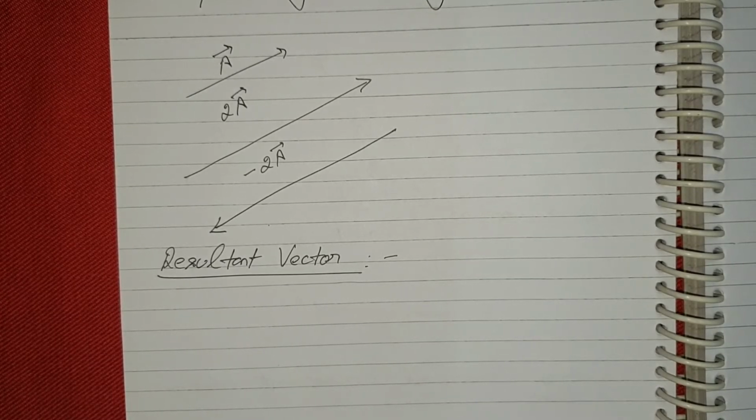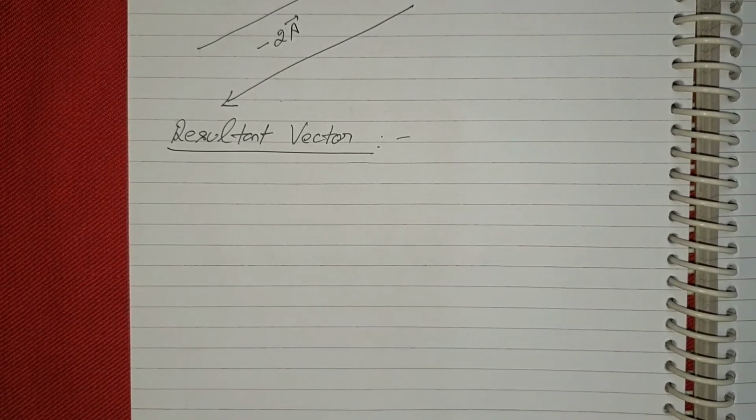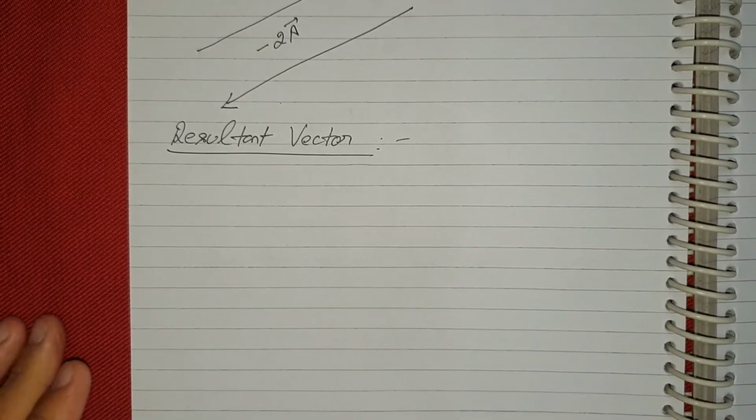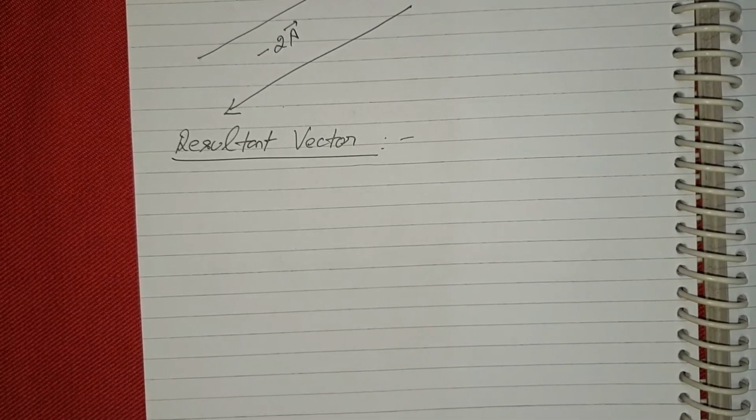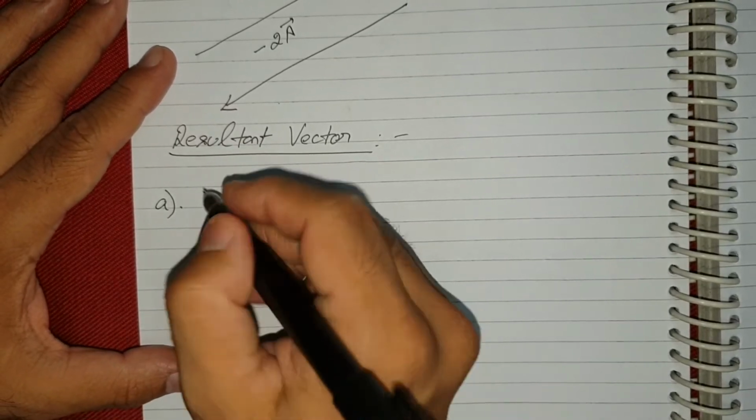Now see, these are vector quantities. We cannot add vector quantities by the simple law of algebra, so we need the laws of vectors, or you can say an analytical method of vector addition. The first part is the triangle law of vector addition.